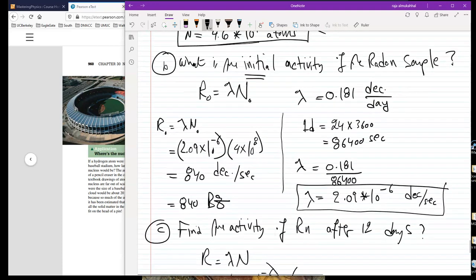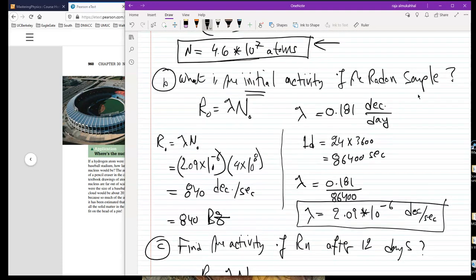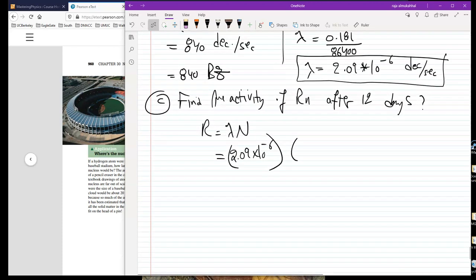I forgot. 4.6 times 10 to the 7. And then when we calculate that, I got 96.14 becquerel. Okay, good.